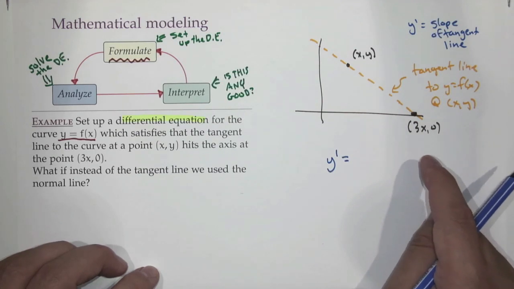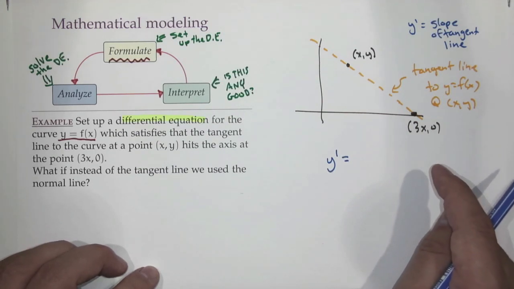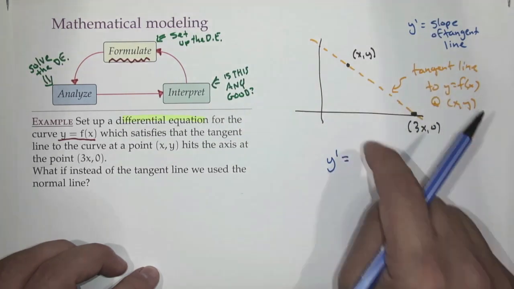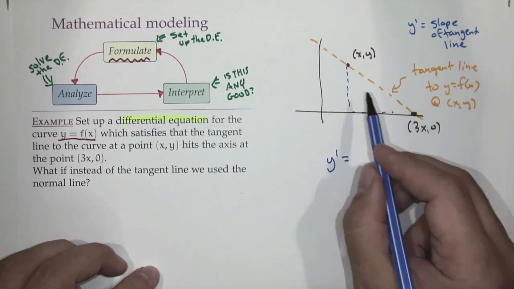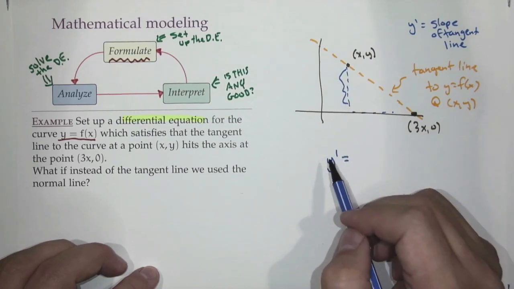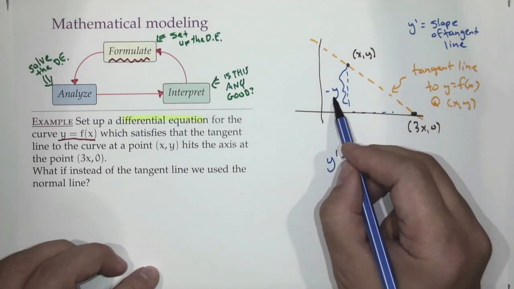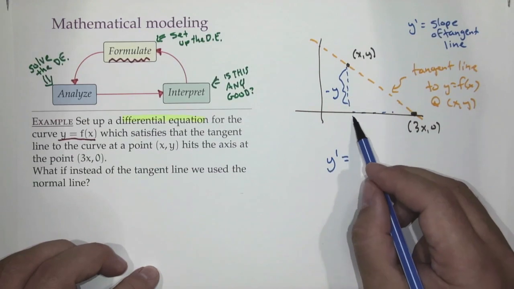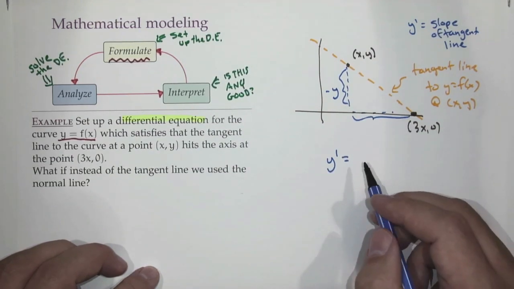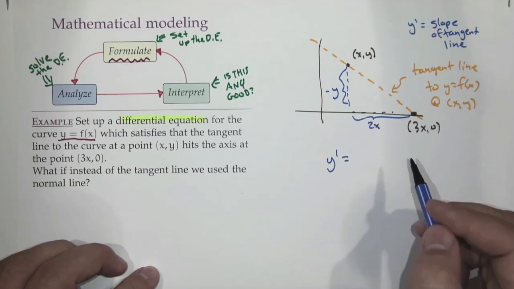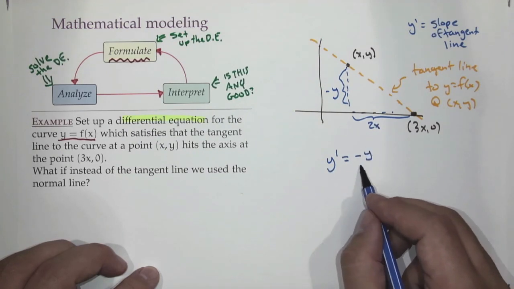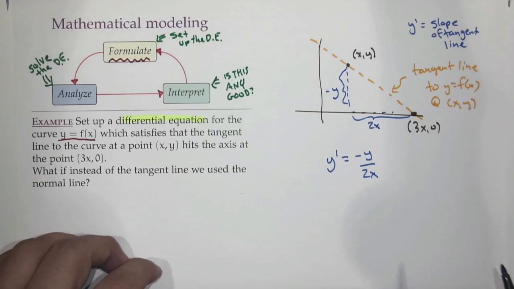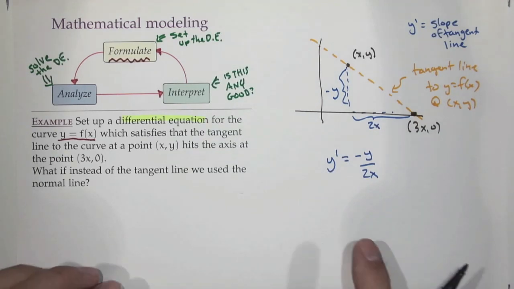Okay, how do you do it? Rise over run? Okay, so what's our rise over run? How much did we rise? Negative y, if we start there. How much did we run? 2x. So rise over run would be negative y over 2x.